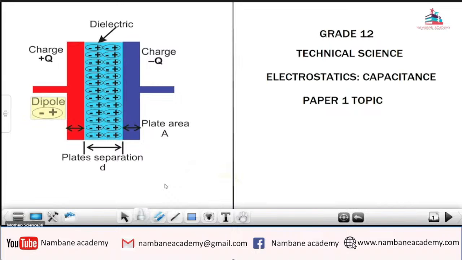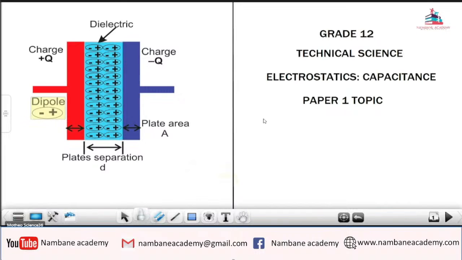Today we'll be focusing on electrostatics in grade 12 technical science, that is capacitance and capacitors. If we start with our examination guideline, we will see that there are a couple of definitions that can be asked.